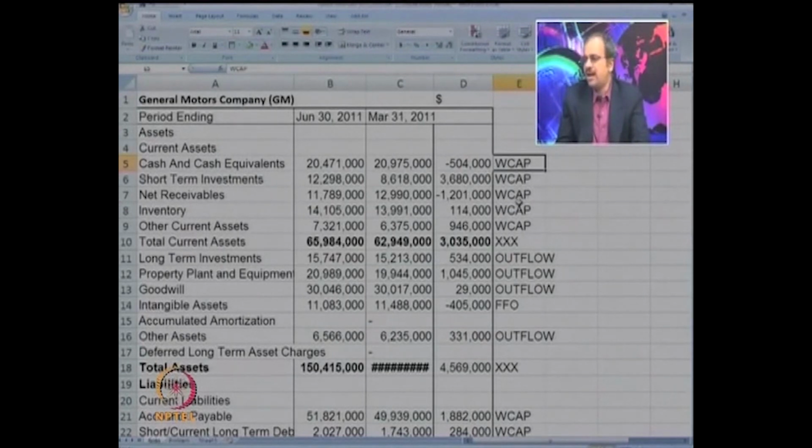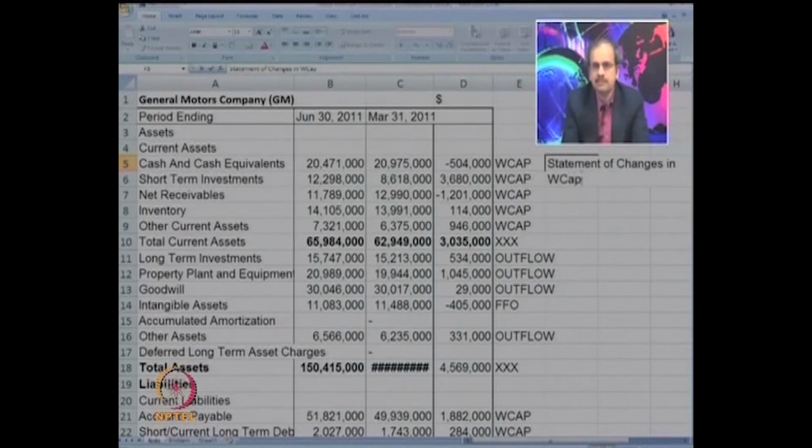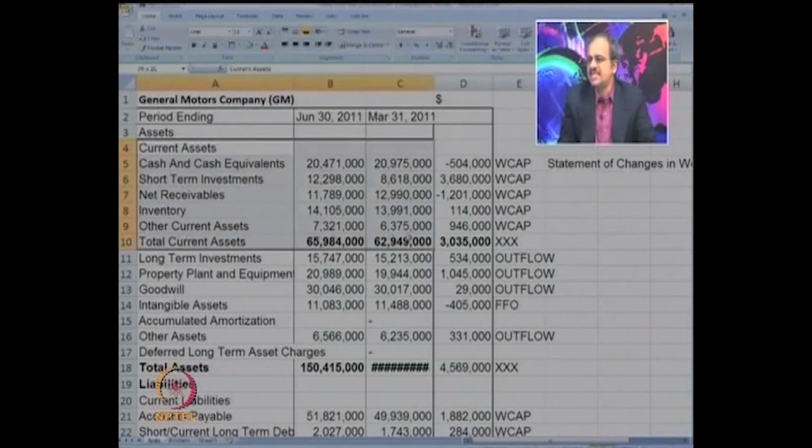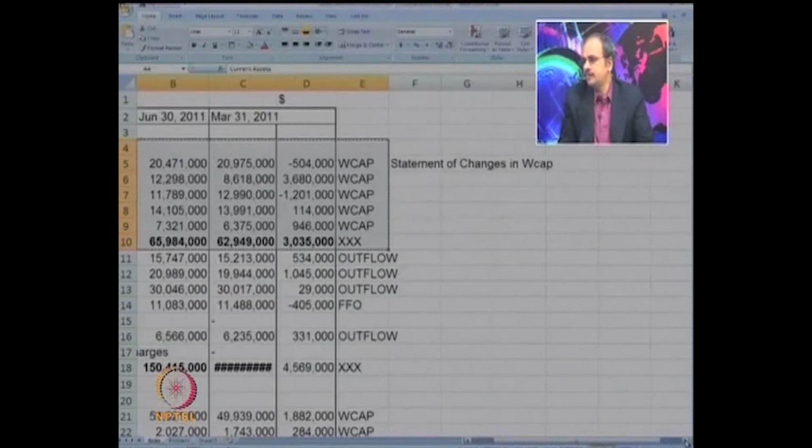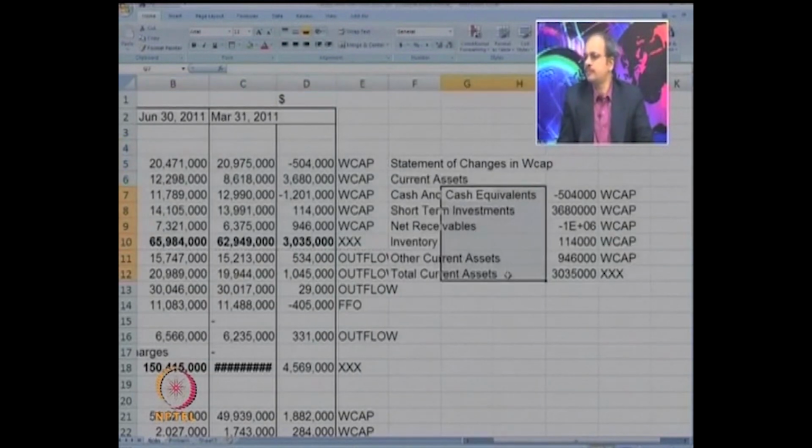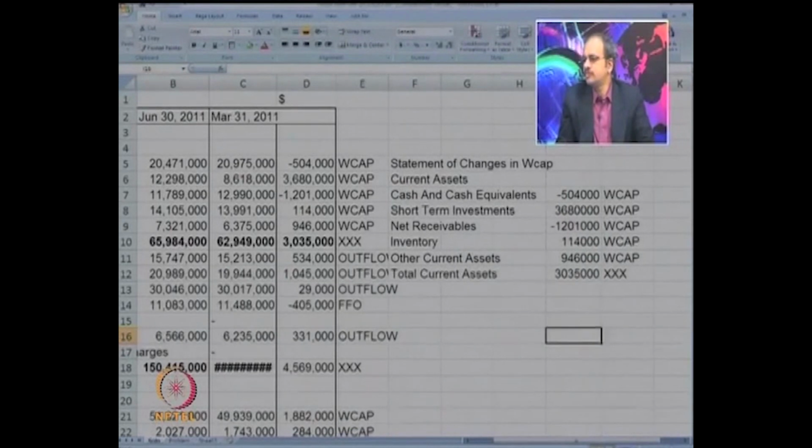Now let us look at the statement of changes in working capital. So all the items which are marked as W cap, they will go into this statement. We will start first with current assets. So this is the information as is given.